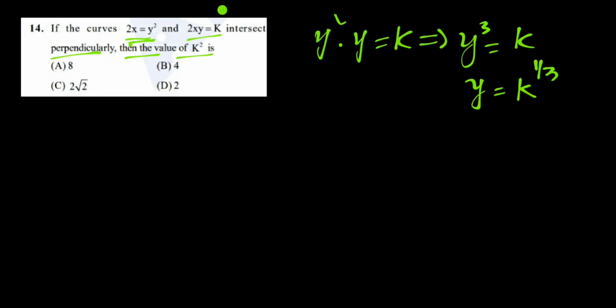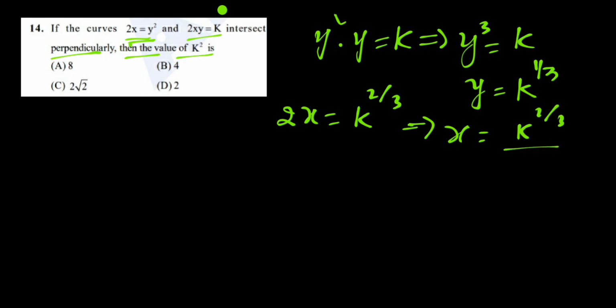Next, substitute this value in equation 1: 2x is equal to k power 2 by 3, since the square is there. So x is equal to k power 2 by 3 divided by 2. So we got the intersection point. Next we have to find the slopes. Slope is nothing but the derivative of the curves.